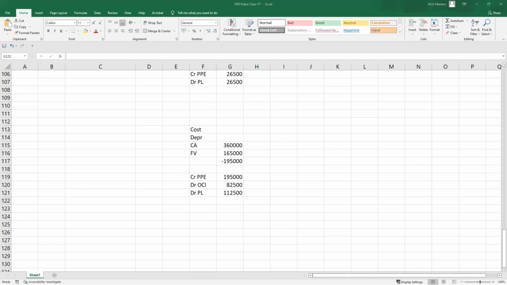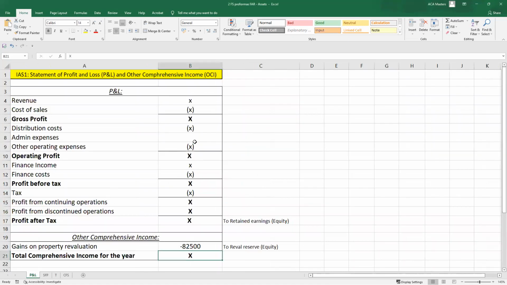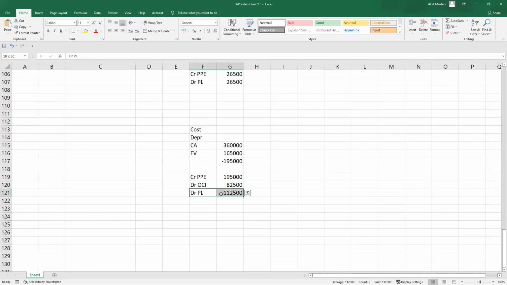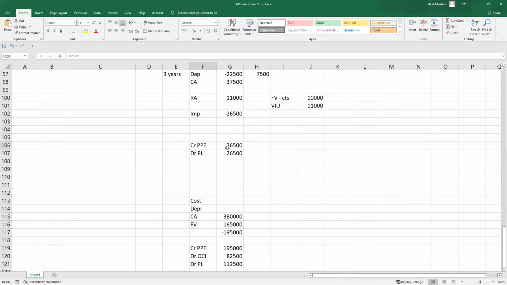So you can see here, because that asset had previously been revalued upwards, there's an amount which can go through the OCI because there's an amount in the revaluation reserve. So only this amount of the impairment would go through here. If that asset had never been previously revalued upwards, then again, you're always going to have to reduce the asset to its fair value, but then the debit would all go to the P&L. Like this impairment here, credit PPE, all goes to the P&L because that asset had never previously been revalued upwards.